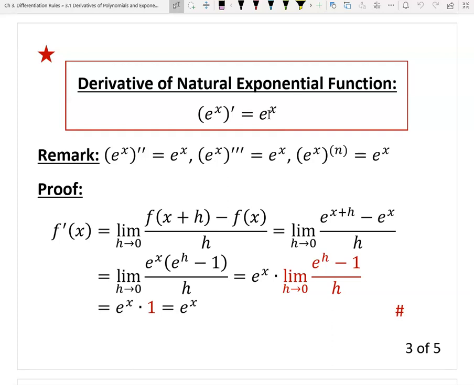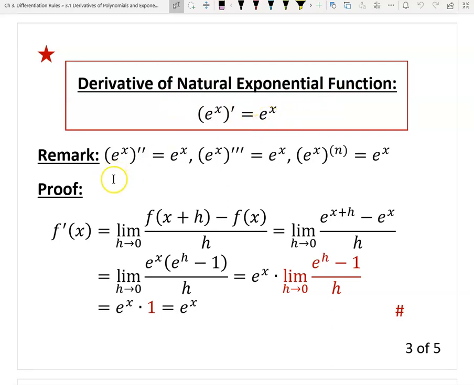If you learn the chain rule and come back and combine these results, you will definitely have the derivative for all exponential functions, no matter whether the base is the natural number e or not.